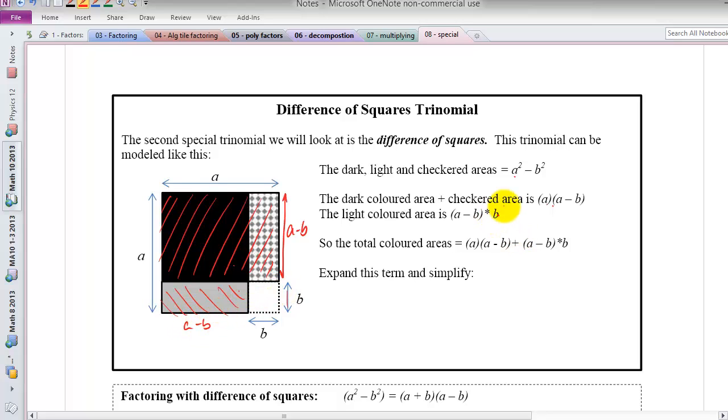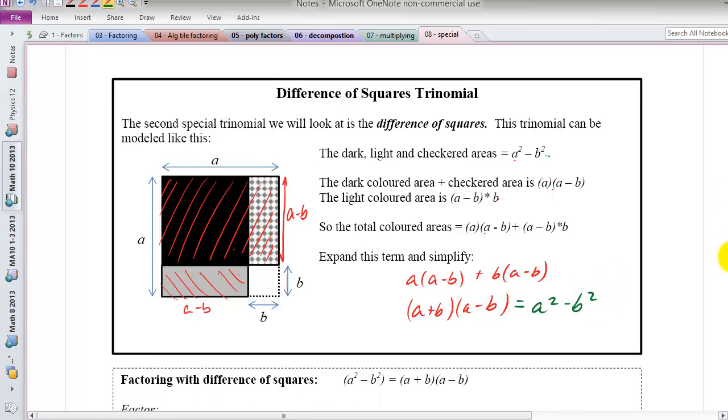So if we total up the colors that way, we get this. And we can factor that out by saying that's (a - b) plus b(a - b). So that's the same as saying (a + b) times (a - b). And that has to be equal to the same thing up here. So that's the property of the difference of squares.